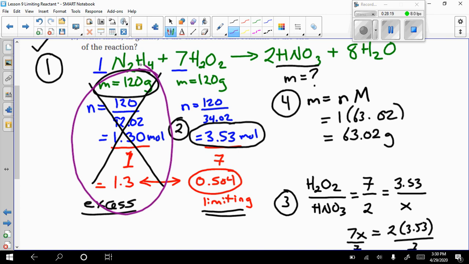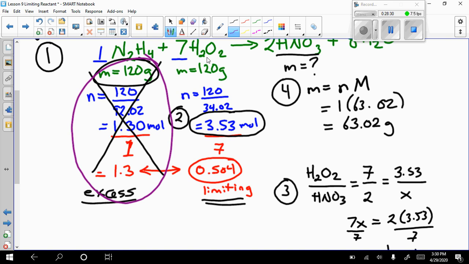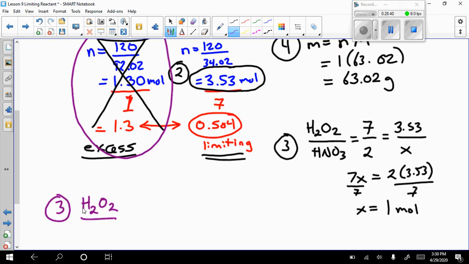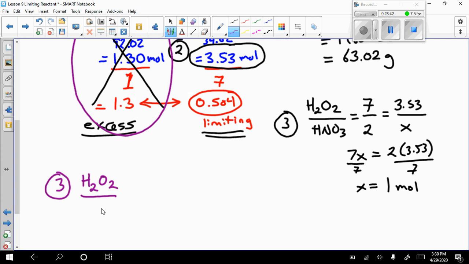And what I'm going to say to you is, let's go to step 3 again, but this time we're going to compare the H2O2 to the N2H4. So watch this. I'm going to do another step number 3 of stoichiometry, but I'm going to compare the H2O2 to the N2H4.